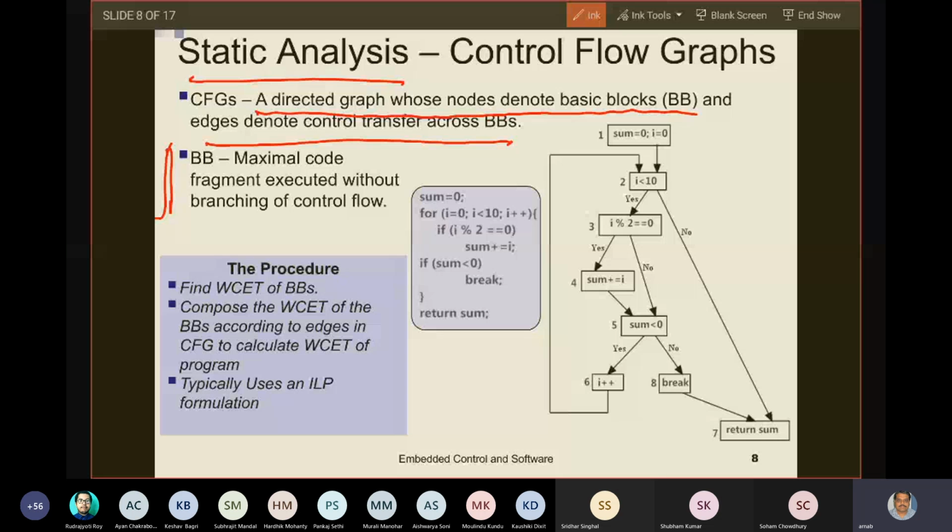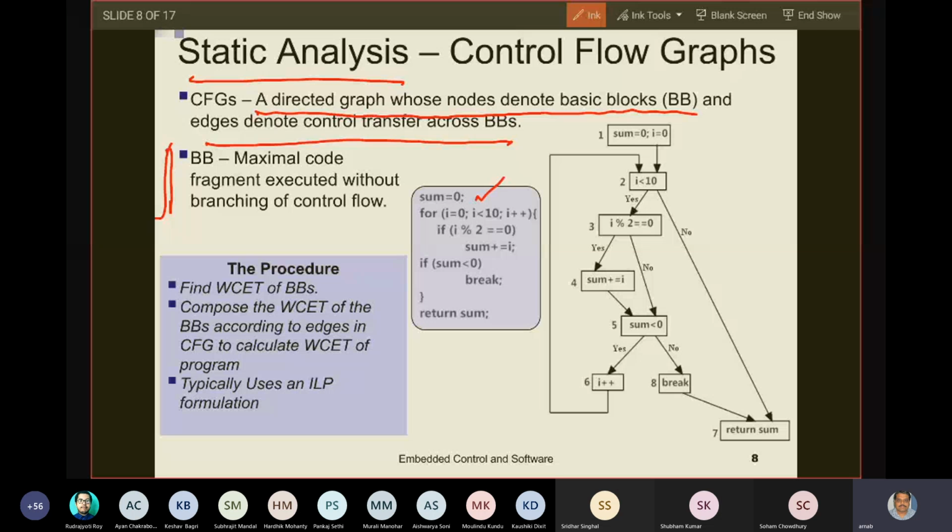Let us see, for a simple code that we have here, how we determine the basic blocks. What is the code I have? Sum equals 0. For i equals 0, i less than 10, i plus plus. If i percent 2 equals 0, meaning it's an even number, you do sum equals sum plus i.